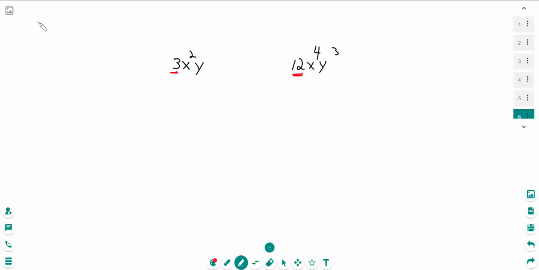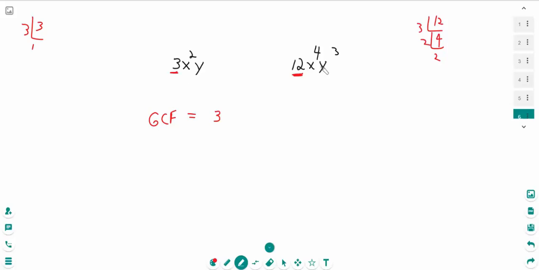We could certainly factor them out, but I think you can do this one in your head. The obvious thing is that the greatest common factor between a 3 and a 12 is going to be a 3, right? So we write the 3 as the greatest common factor for these two numbers.